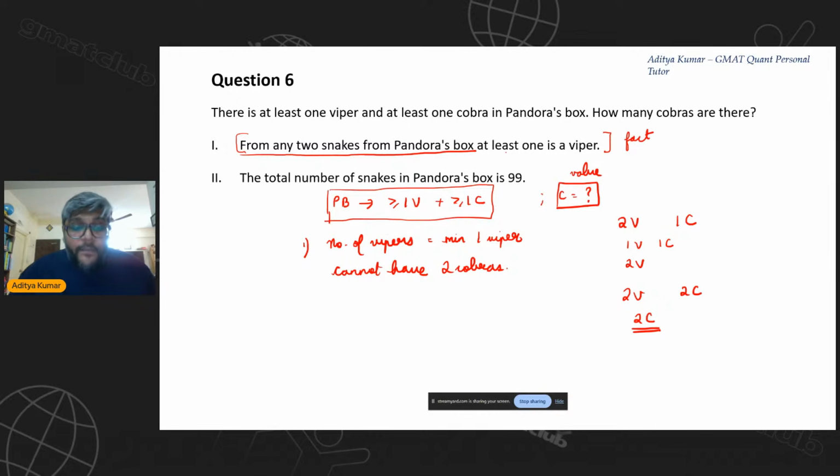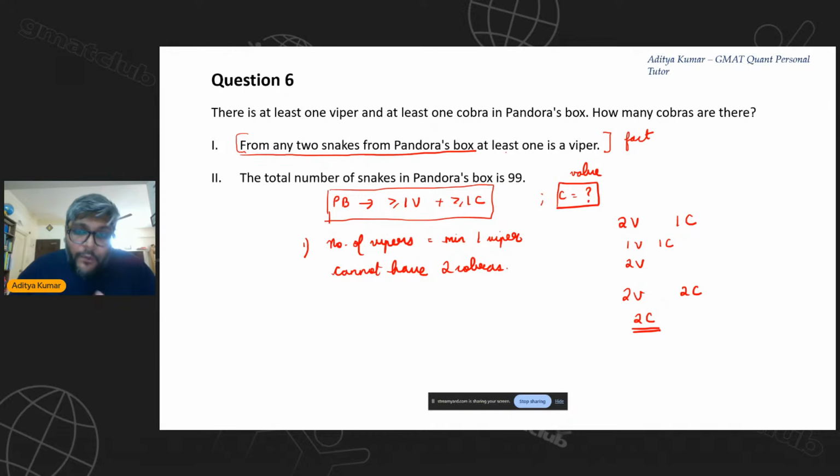What is the first statement telling me? That I have cobras and vipers in the box, that anytime I put my hand inside the box and pick up two snakes, I will at least have one viper. Every time I will at least have one viper.